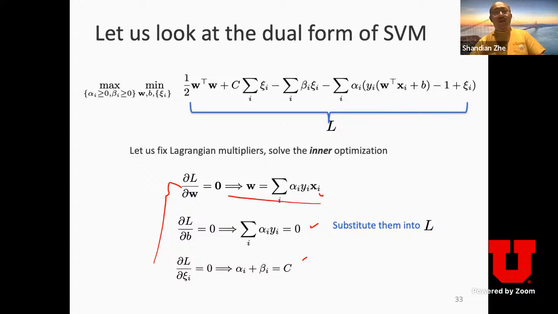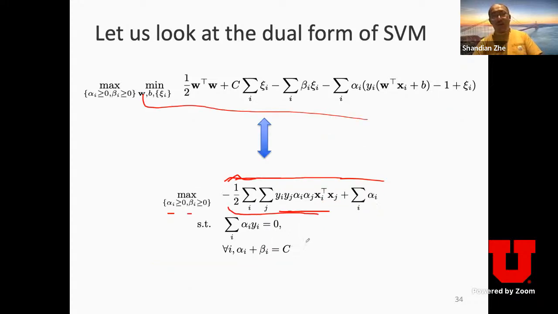And this one has already been substituted into L, so it is automatically satisfied. But these two are not explicit. So in your simplified objective, you have to explicitly put them into the constraints. And eventually, you have converted our dual form of SVM into a maximization problem with two additional constraints.